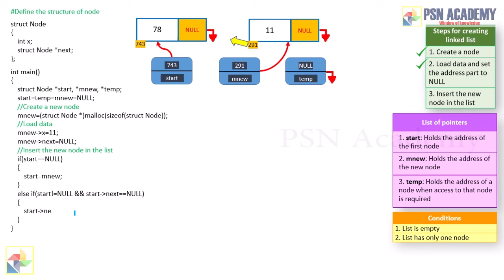So you write like this, start next equal to mnew, because mnew is having the address 291 and you store this 291 inside start next. So it will look like this. So it is 291. And if you place this 291 over here, these two nodes get linked.